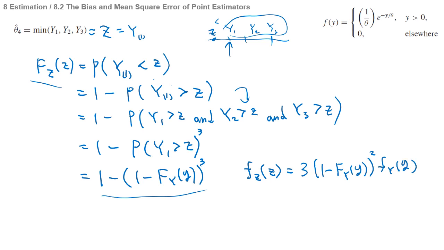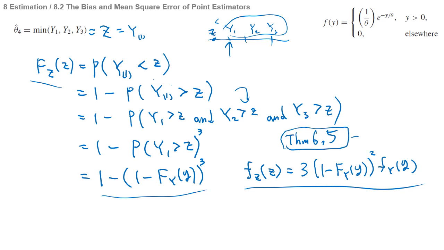Okay, and actually you can get exactly the same thing by applying theorem 6.5. So check theorem 6.5, and you can get this one by using order statistics. So for f1, using theorem 6.5, g1(y1) is equal to this thing. Okay, and let's go ahead.